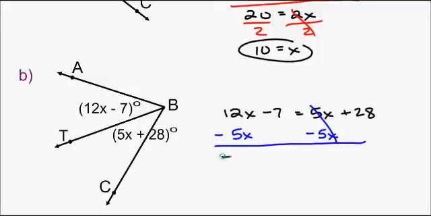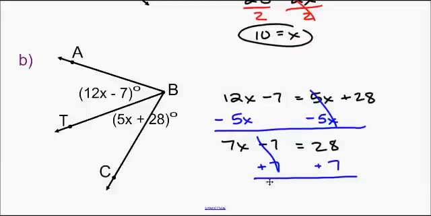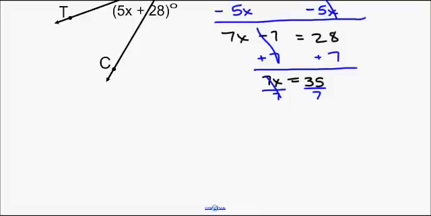We have 7x minus 7 equals 28. Add 7. 7x is equal to 35. Divide both sides by 7. And we get x equals 5.